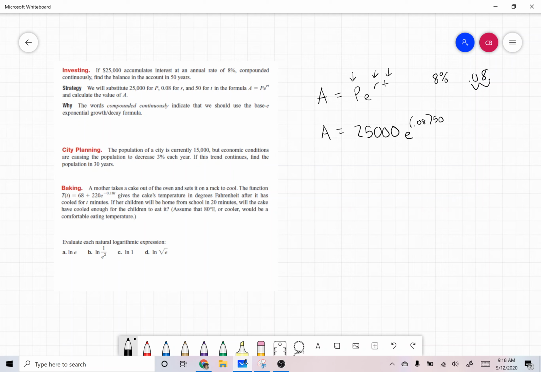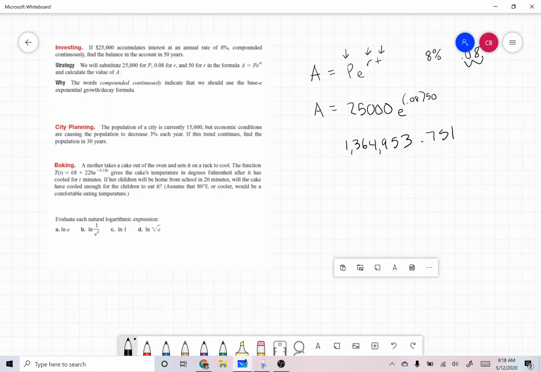And this number is 1,364,953.751, so the balance would be about $1.36 million or something like that. Okay, so it's not bad.